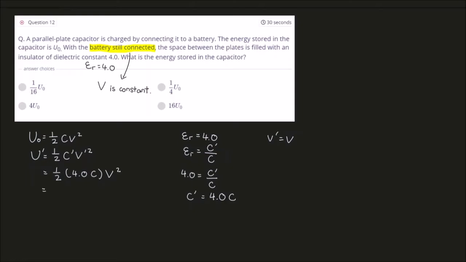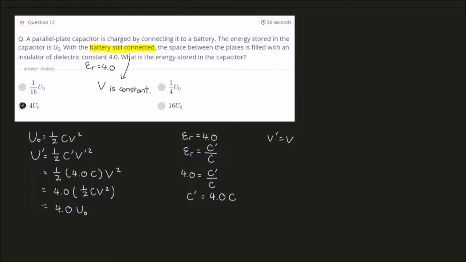So now this will be 4.0 times half CV squared, which we can change to become 4.0 times U naught. Okay, so for this case, our answer will be C.